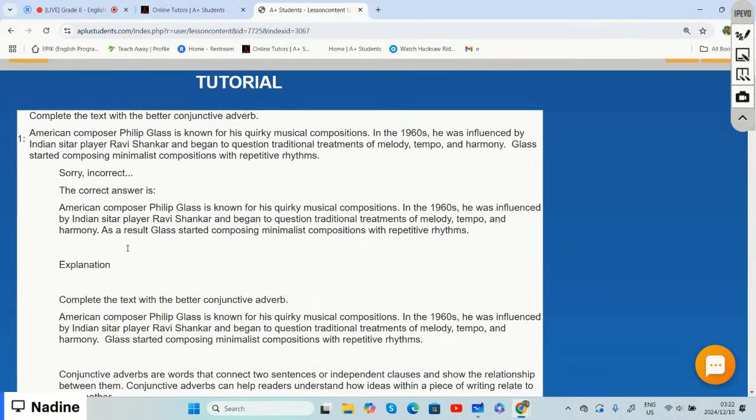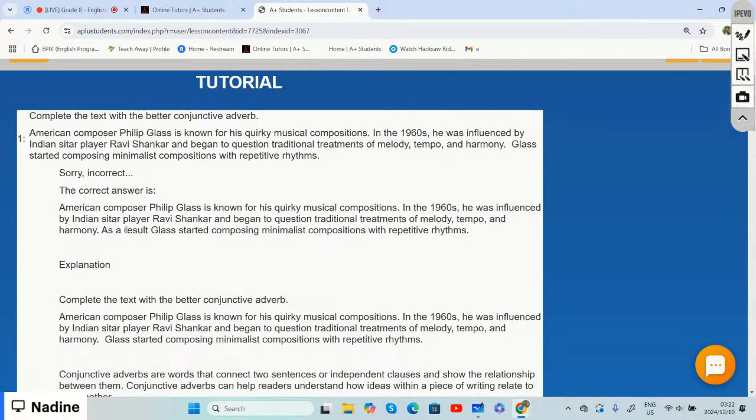Before we go to our test, we need to complete the text with a better conjunctive adverb. So we're just going to do a few activities and then we're going to our test. It says American composer Philip Glass is known for his quirky musical compositions.